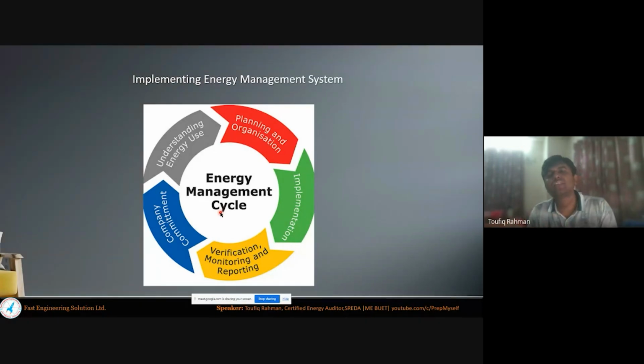If top management agrees, then the energy management cycle begins. Otherwise, there is no energy management cycle. If top management agrees, after that every person will agree. So management planning in the organization, then implementation, then verification, monitoring, and reporting, as well as the company's commitment, everything will be in the cycle. After that, the energy management system works.